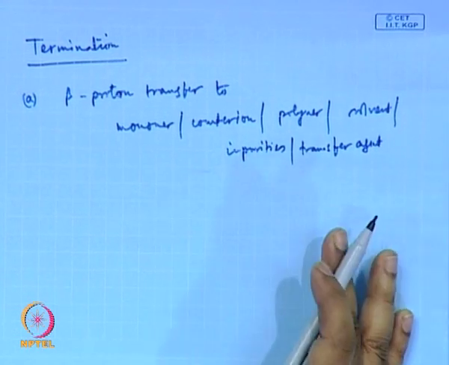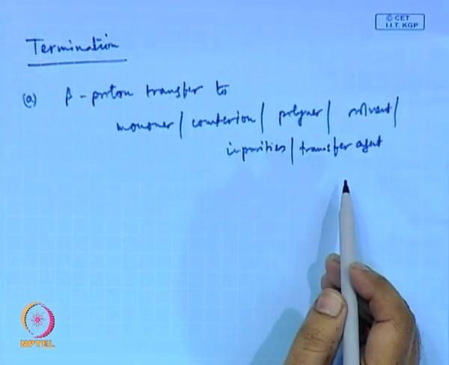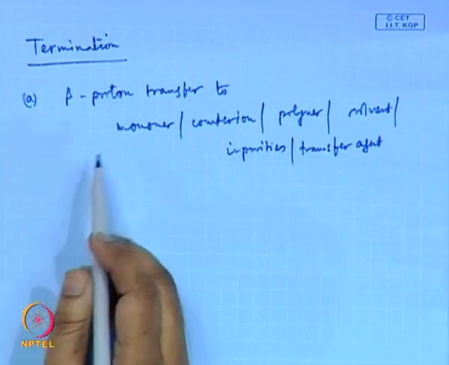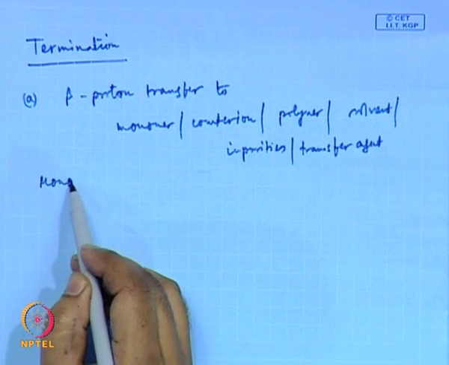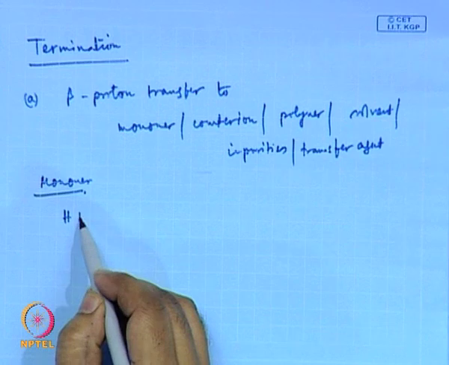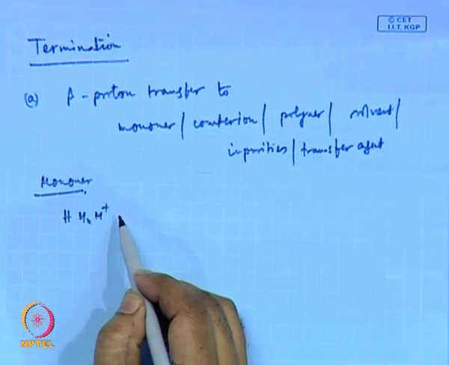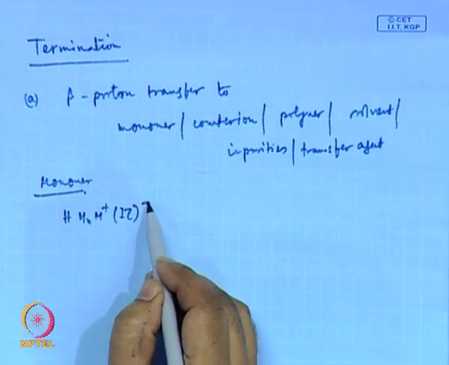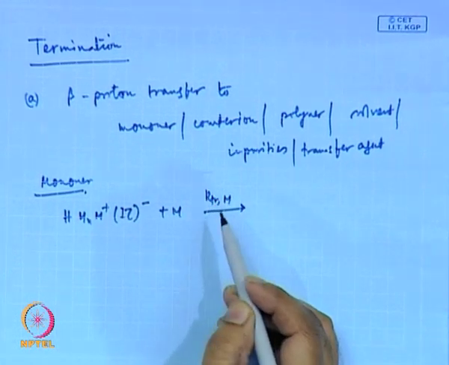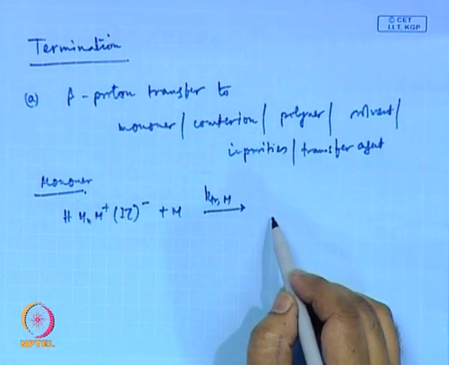We talked about chain transfer being possible. For example, if we consider the beta proton transfer to monomer, I can write k_transfer to monomer, just like in radical polymerization.